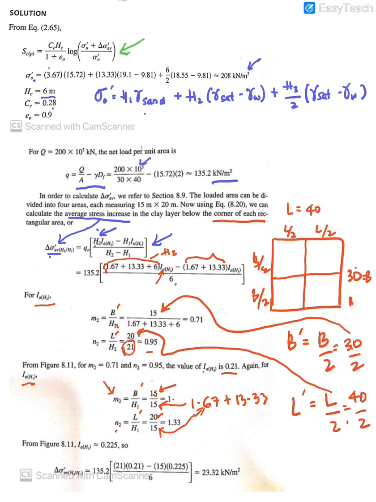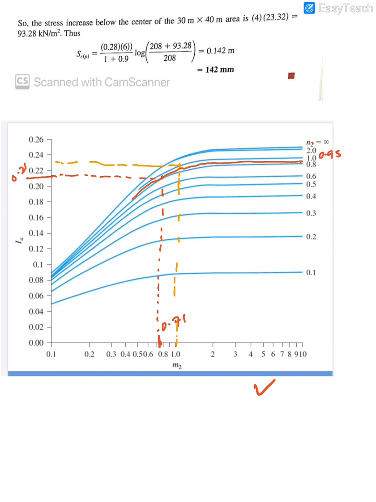So you get 0.225. So you have to draw properly.